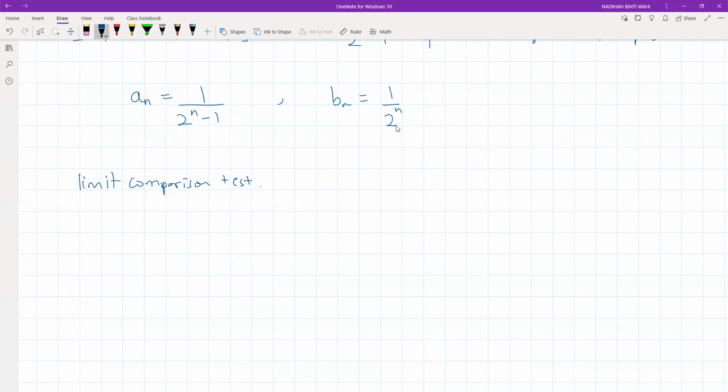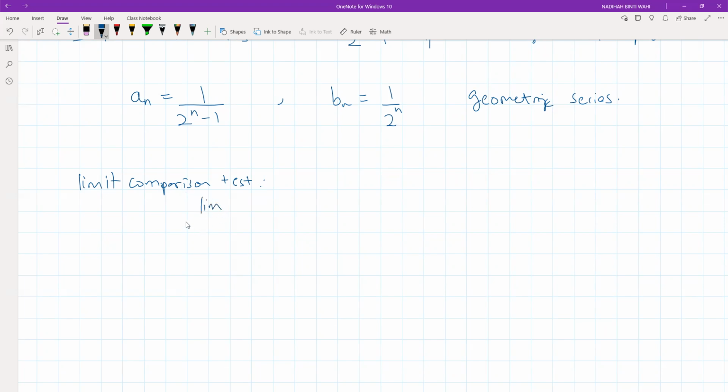But actually this one is like 1 over r to the power of something, right? So this is a geometric series actually. Okay, so let's test.